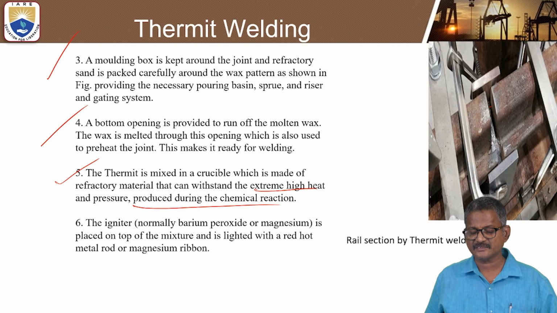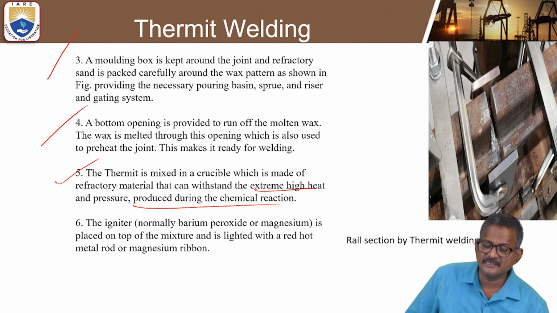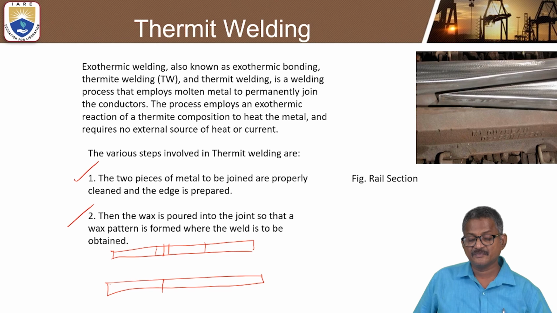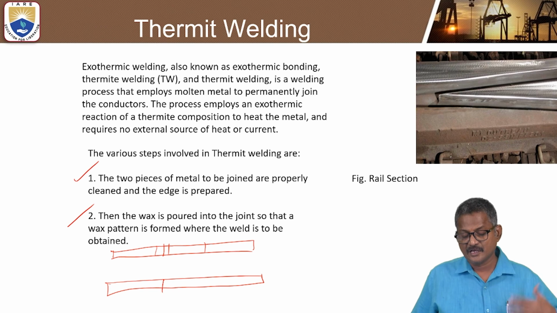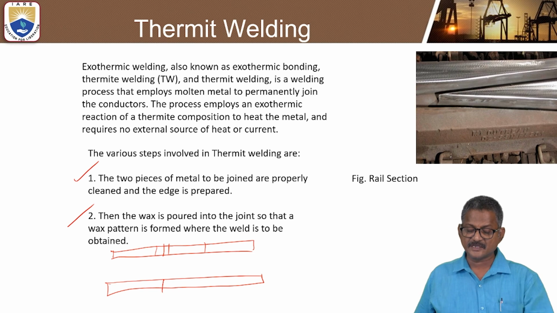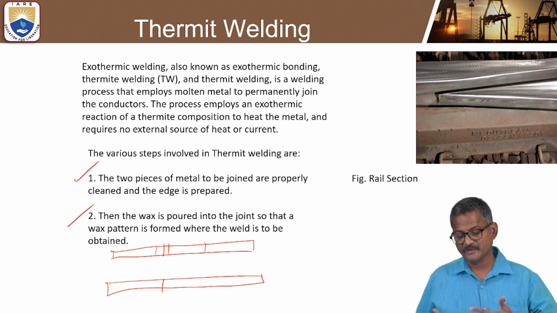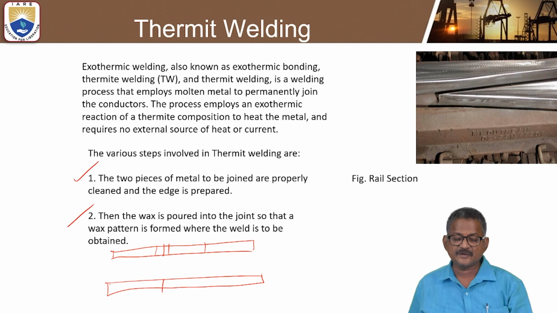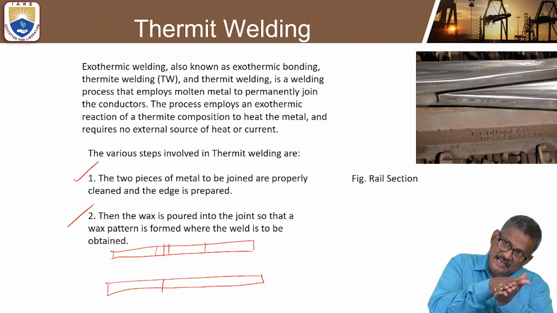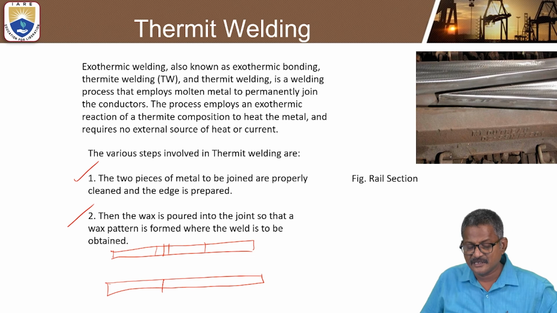Okay, and with this I hope all the students can understand clearly about the thermite welding process. So in the thermite welding process, the main concept is the basic steps: two pieces, everybody knows that, and for the pieces, the joint edges should be cleaned and processed effectively.